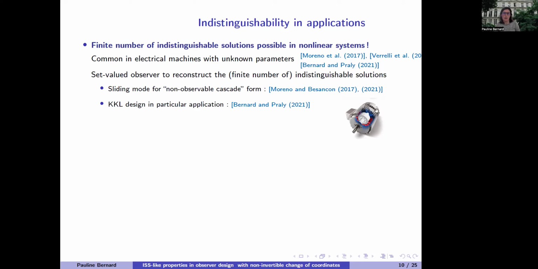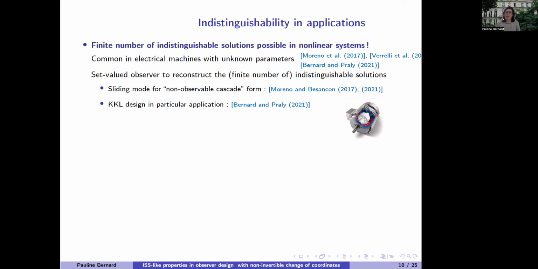And this has been looked into by some authors like Rémi Moreno and Gildas Besançon. They introduced some kind of non-observable cascade form. They did some sliding mode design. But what I'm going to show you in this presentation is that the KKL framework is also specifically adapted to this kind of situations without making any assumptions about the structure the dynamics may have, and allows you to reconstruct the finite number of possibilities.